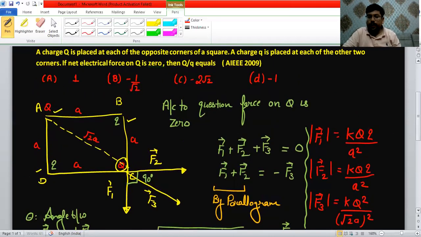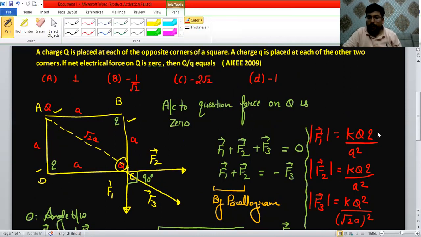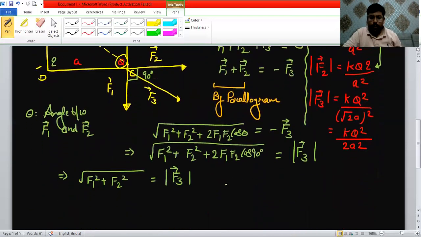Now we see that F1 vector magnitude and F2 vector magnitude are equal. So we can put this result in the previous equation.